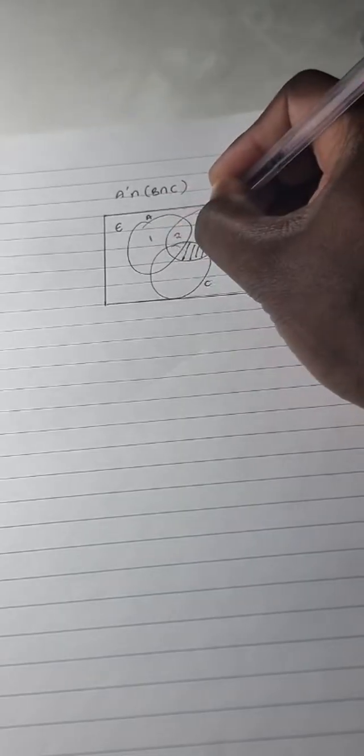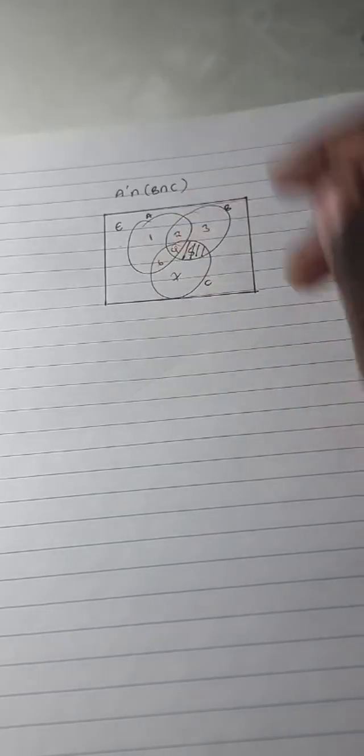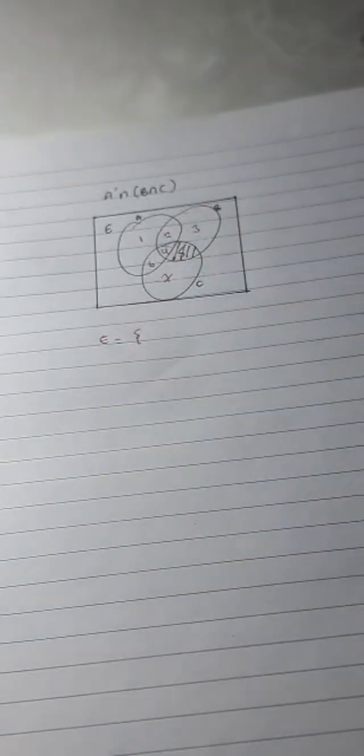Now, let me use my elements. It's not a must to use elements, but let me just use elements to clarify this. So I'm going to put 1 here, 2 here, 3, 4, 5, 6, 7. Meaning our universal set will have 1 up to 7.